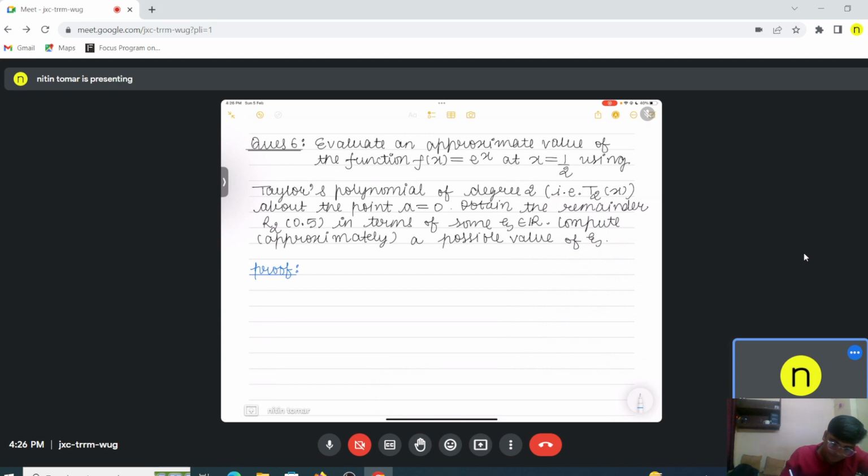Yes. So we'll use Taylor's theorem here, obviously, because we have been asked about the Taylor's polynomial, right?